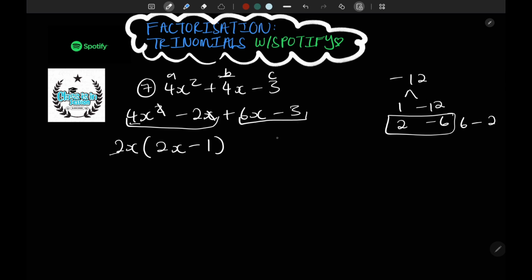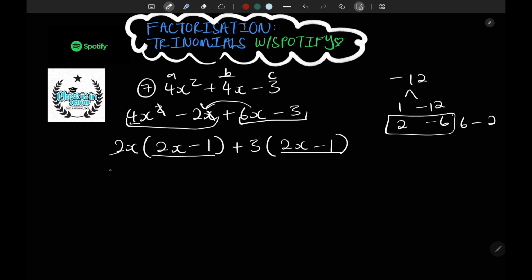Then let's deal with 6x minus 3. What's the highest common factor? 3. Open a bracket. What's 6 divided by 3? It's 2. 2x. Negative 3 divided by 3 is negative 1. So you have 2x minus 1 and 2x minus 1, which means you're on the right track.